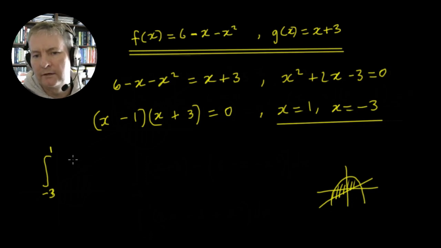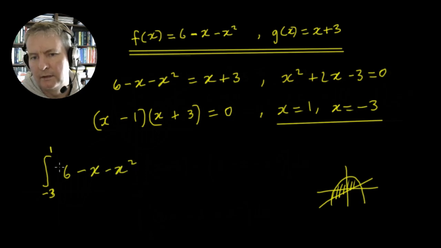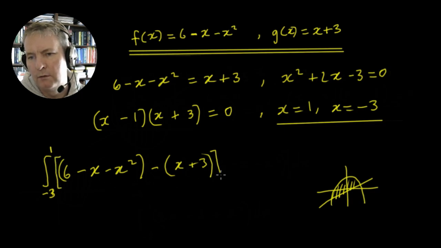So f of x is going to be the 6 minus x squared, minus the x plus 3. And we're going to integrate that all with respect to dx.